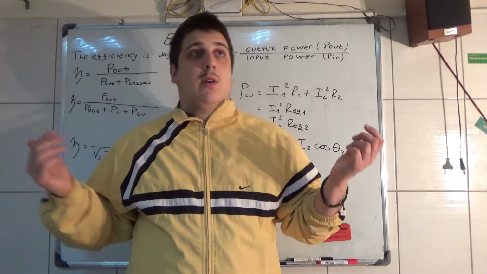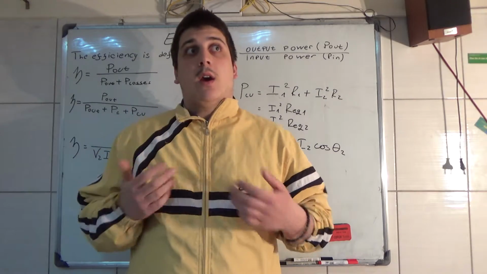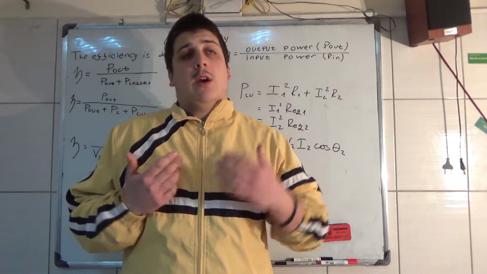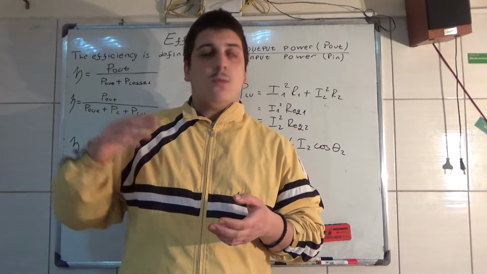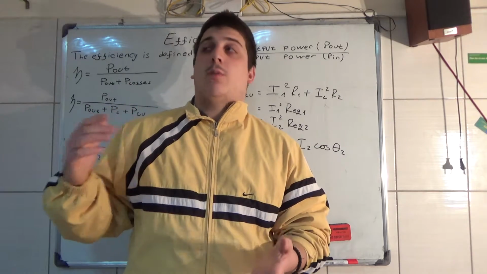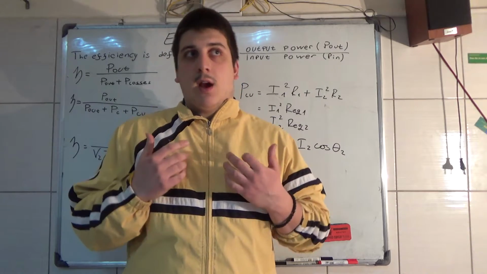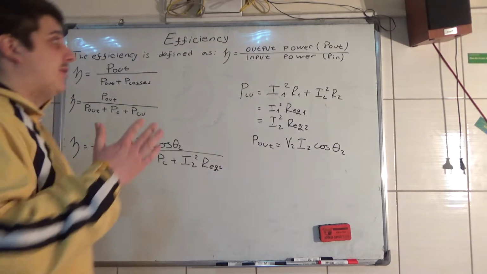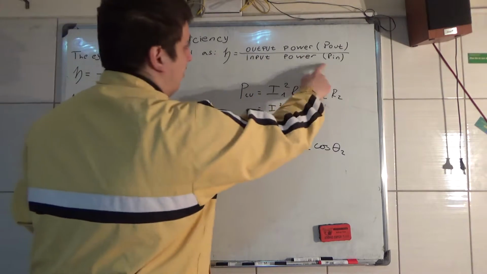Why isn't efficiency 100? Well, to put it easily, we as electrical engineers measure the efficiency of only electrical powers. Now, the efficiency eta, I think you all learned that, is defined as the output power divided by the input power.